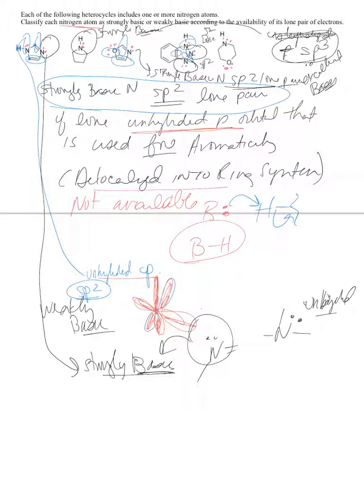And then, of course, this one here is going to be weakly basic. So that one is weakly basic, and these 2 are strongly basic, because those are in sp2 orbitals. And then looking at this here, this is an sp3, and sp3 lone pairs then would be strongly basic.